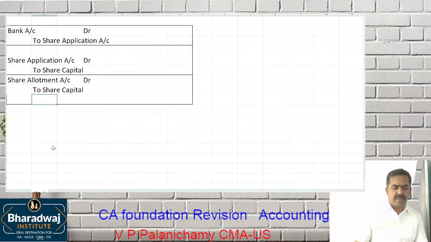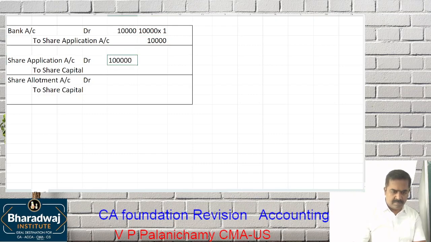What is the entry for application money received? 10,000 into 1. Allotment money? 2 rupees. Huh?